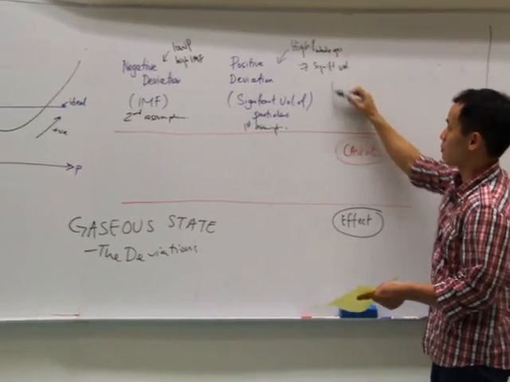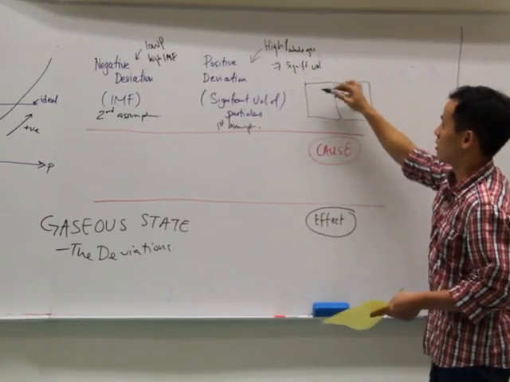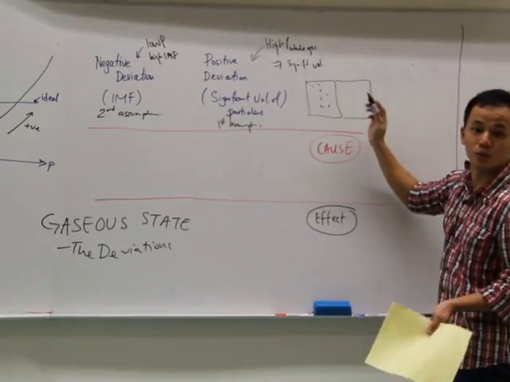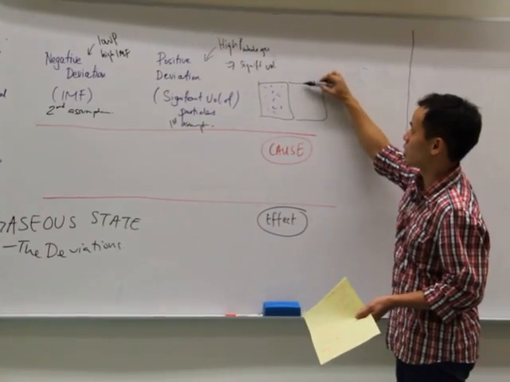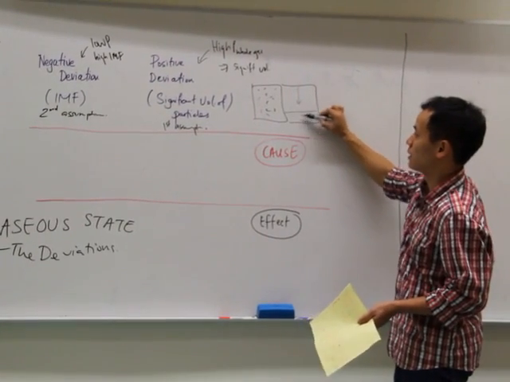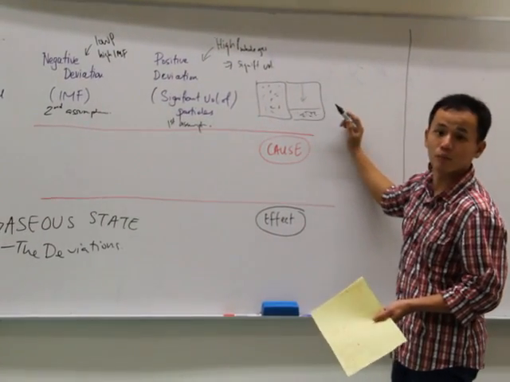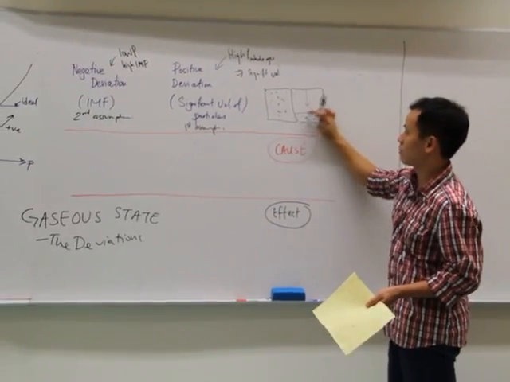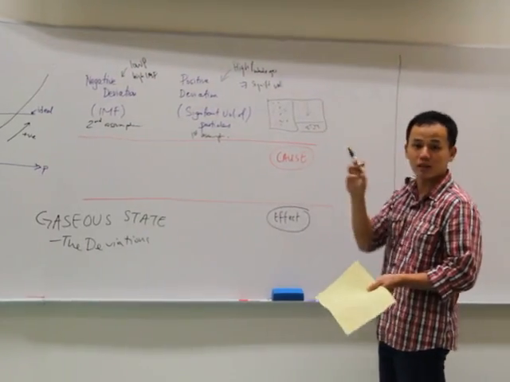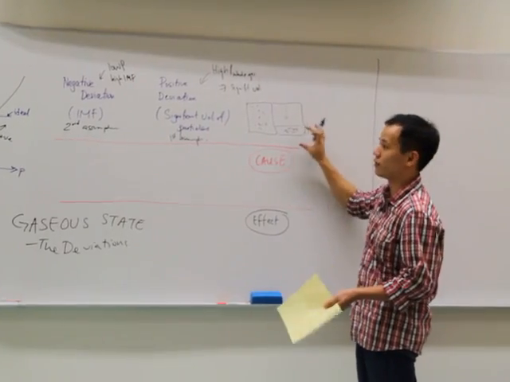Initially the particles are all distributed equally around. As you increase the pressure, you reduce the volume. The particles are now in a smaller volume, so the percentage of space they take up is more. Because of that, it becomes a significant volume.